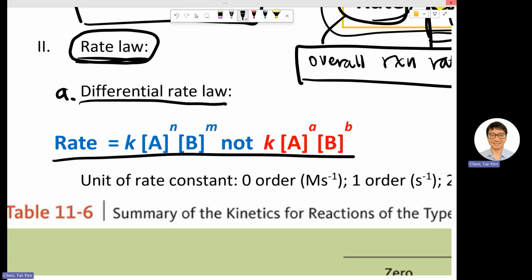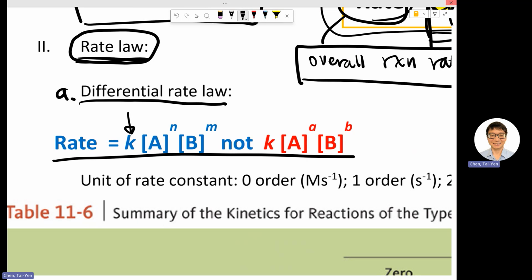The first thing you care about is the reaction rate. It's going to equal the product of your k. This is a lowercase italic k. Make sure you see this is lowercase italic.